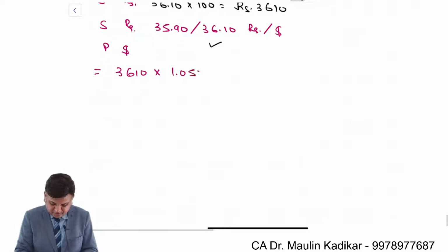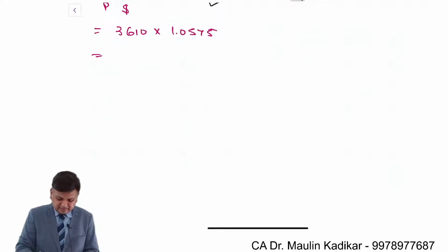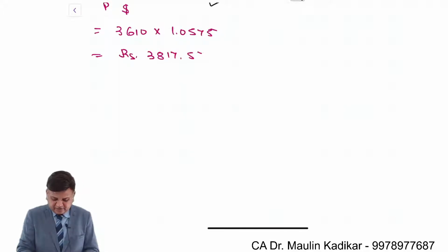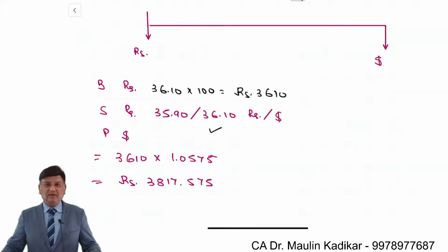So 1.0575. That comes to 3817.575. This is the amount of the repayment of loan in rupee currency.